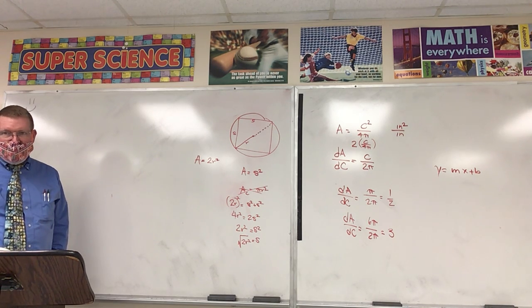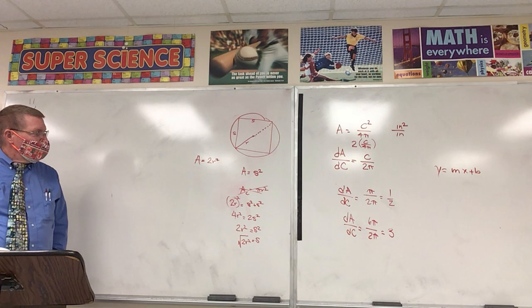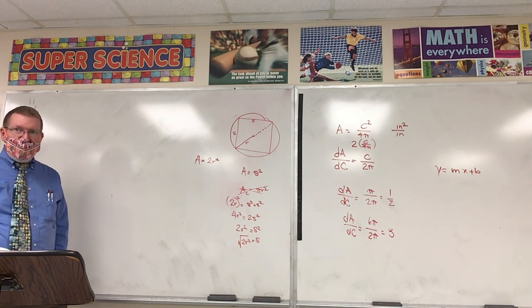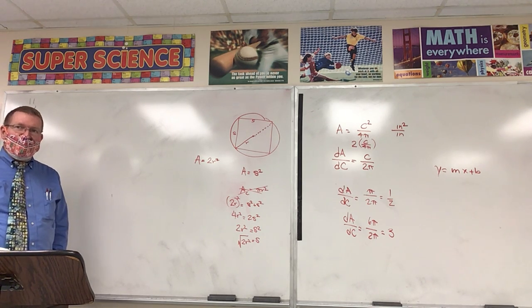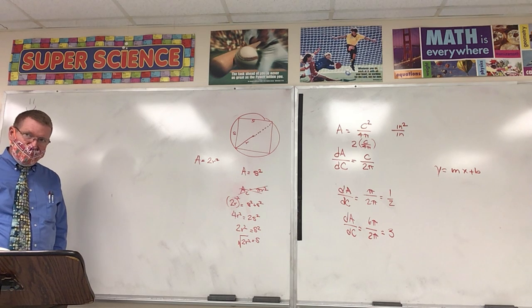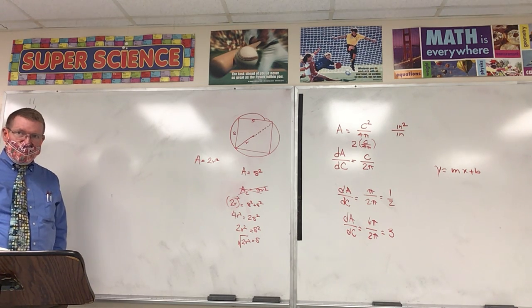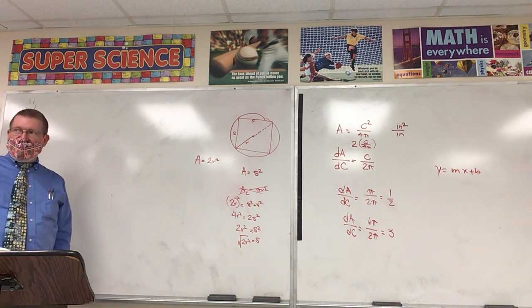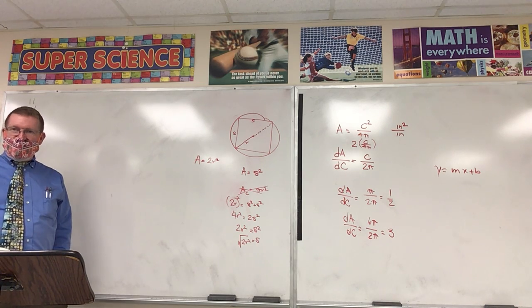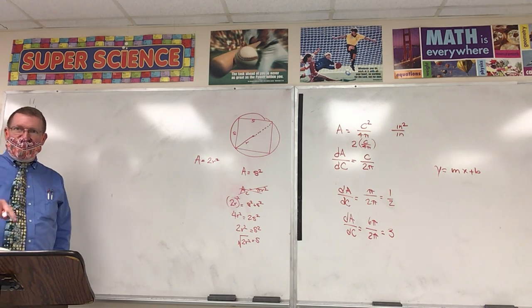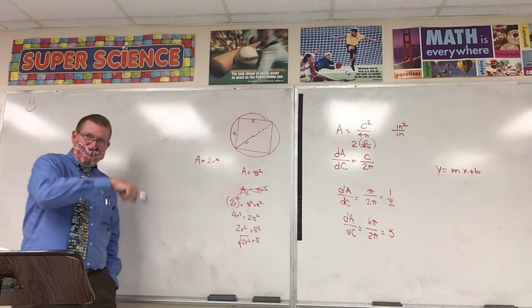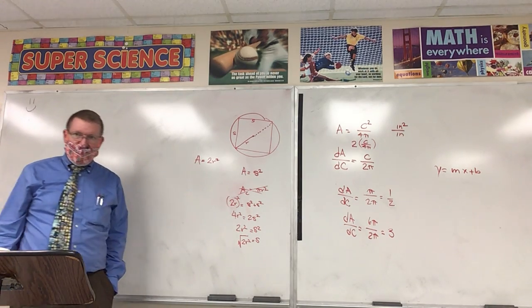And that is the area of the square using the radius of the circle, and not the side. It doesn't matter what size circle I have, I can always find the area of the square that's inscribed in the circle by using this formula.